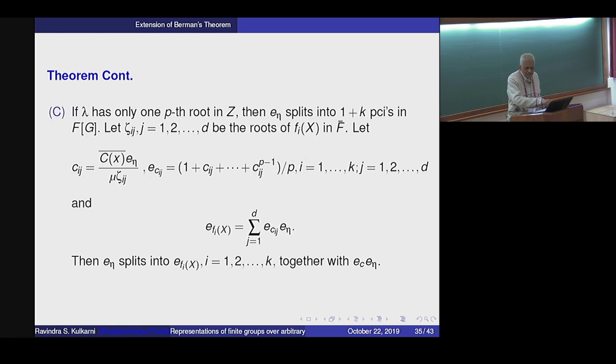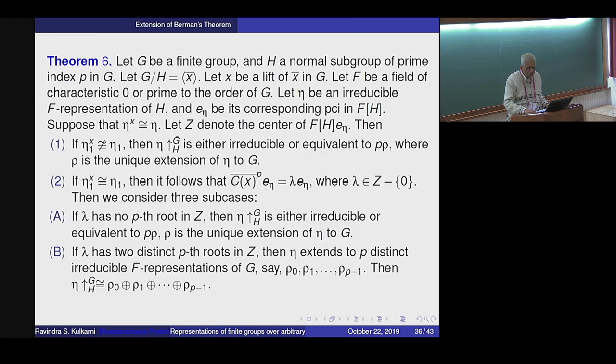And otherwise, we shall have to see the factorization of the cyclotomic polynomial. According to those factors, we have to sum these idempotents of E eta, and then we get the idempotent of G.